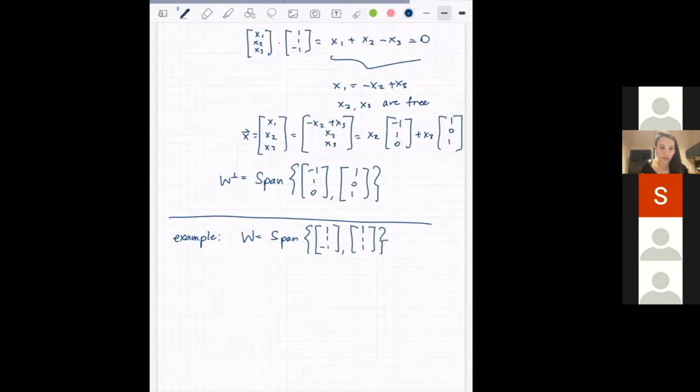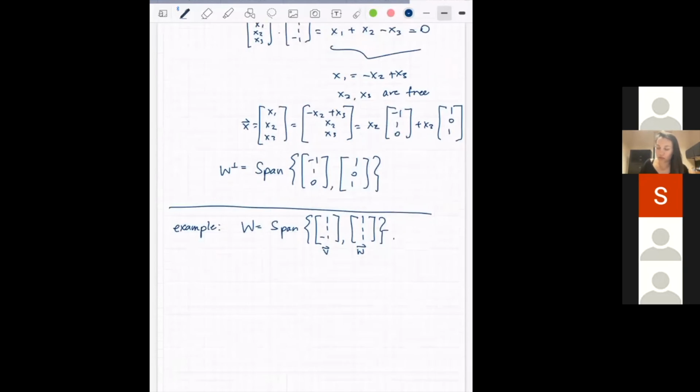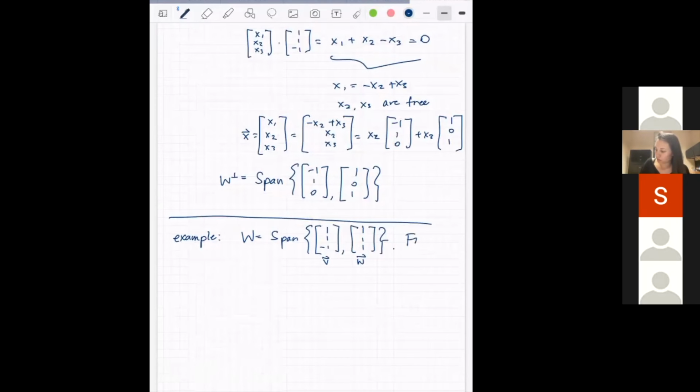We'll call this one V and this one W, those two vectors. Remember, we want to find W perp.